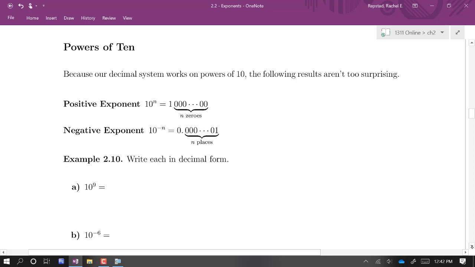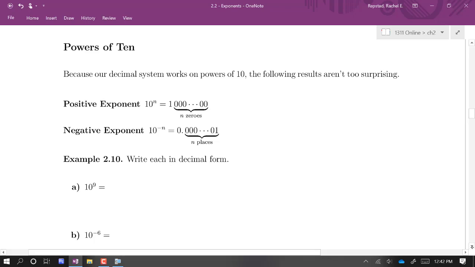Okay, so now we're going to work with some powers of 10 and talk a bit about scientific notation. After we learn this stuff about simplifying exponential expressions, it's a good time to dive into scientific notation.